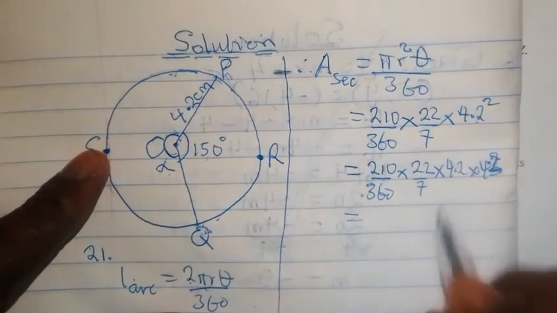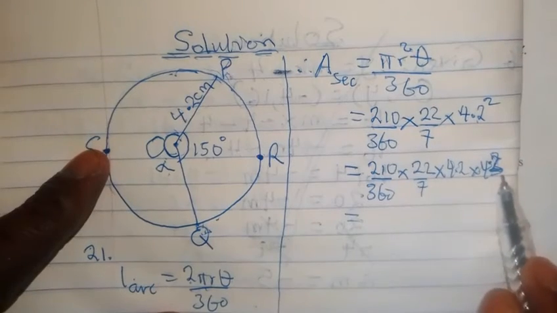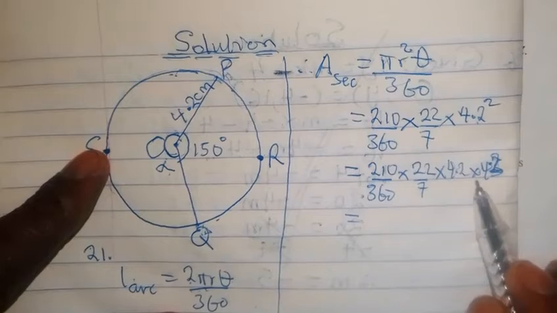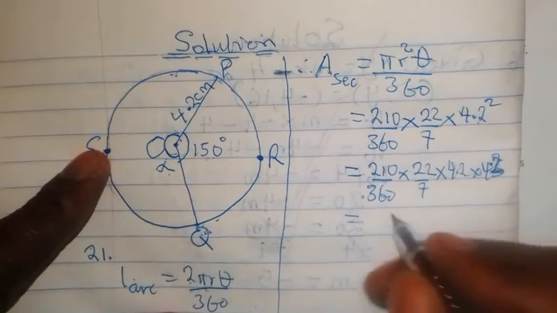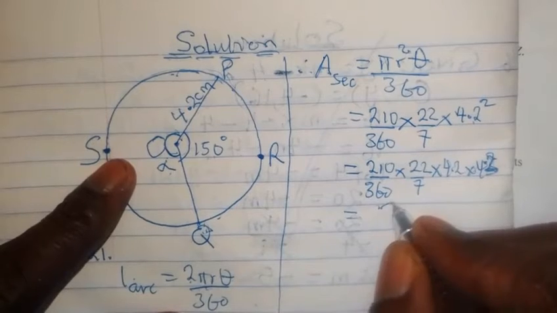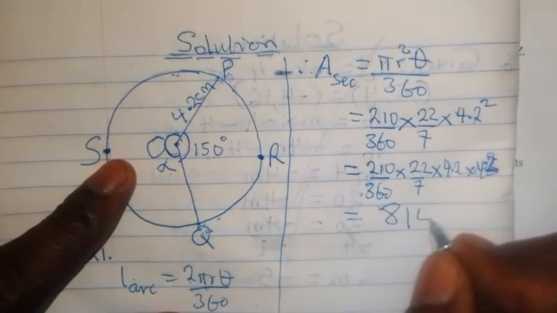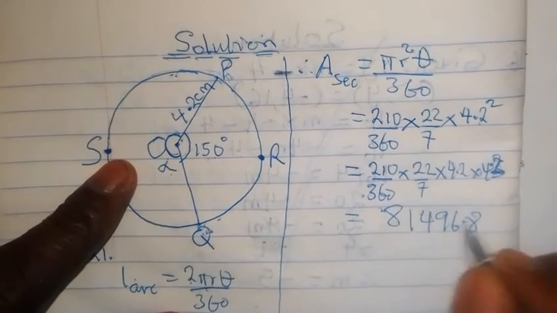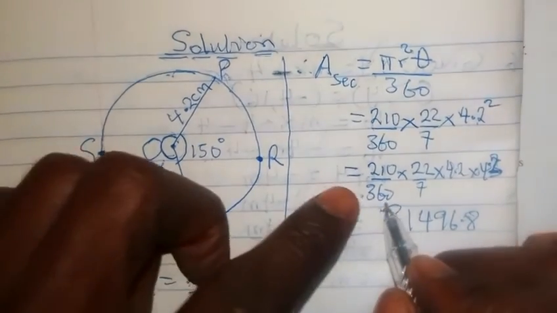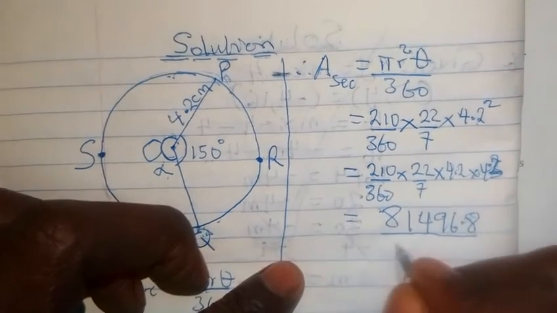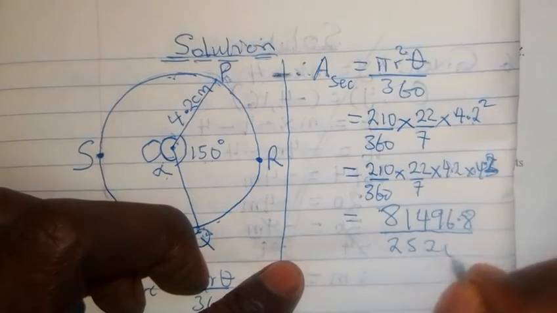Then if we multiply out all these numerators, that is 210 multiplied by 22 multiplied by 4.2 multiplied by 4.2, we shall arrive at 81496.8. And if we come to the denominator and multiply 360 by 7, we are going to arrive at 2520.